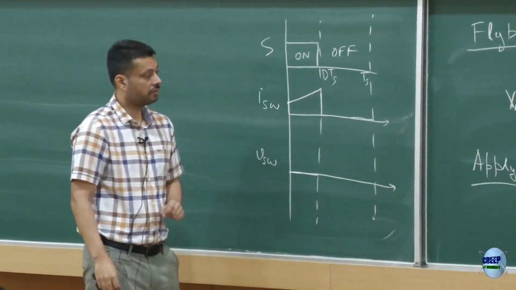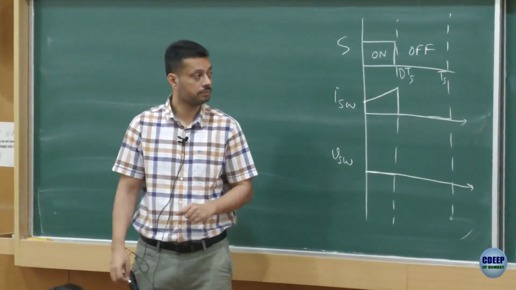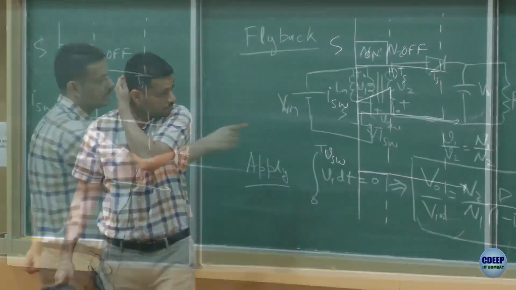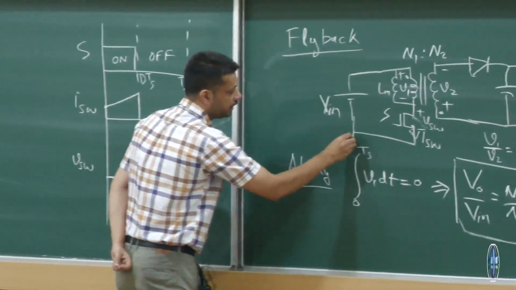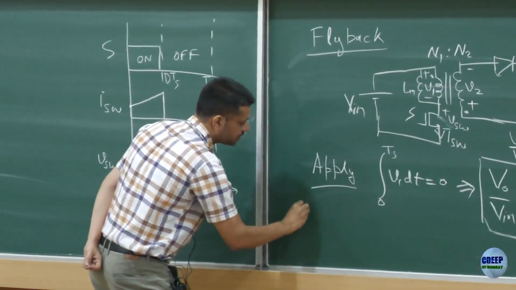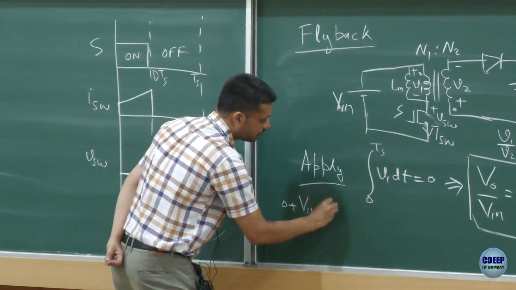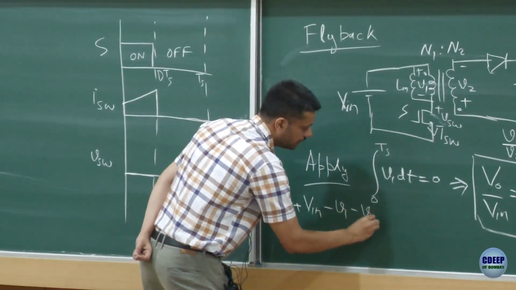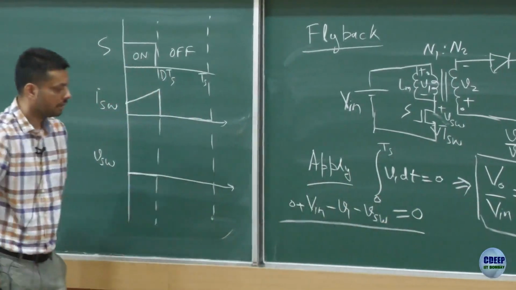When the switch is off, its voltage is equal to, let us write Kirchhoff's voltage law here, starting from this point. So 0 plus Vin minus V1 minus Vsw is equal to 0, right.